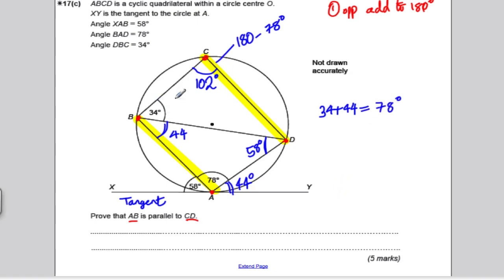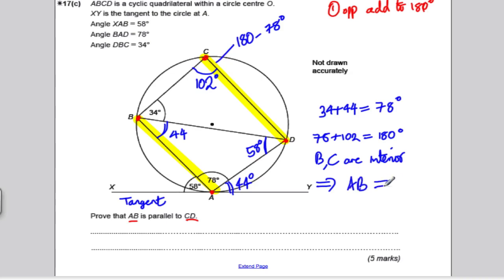Okay, now look, if that's 78 and that's 102, because 78 plus 102 add to 180 degrees, then you know the angles in B and C are interior or C angles. Therefore, okay, this tells us that line AB is parallel to line CD, and you're done.